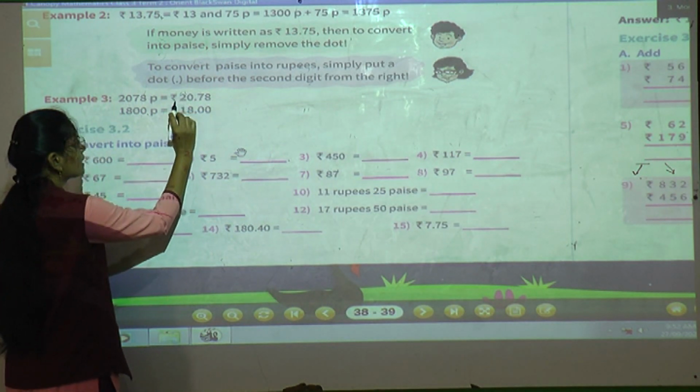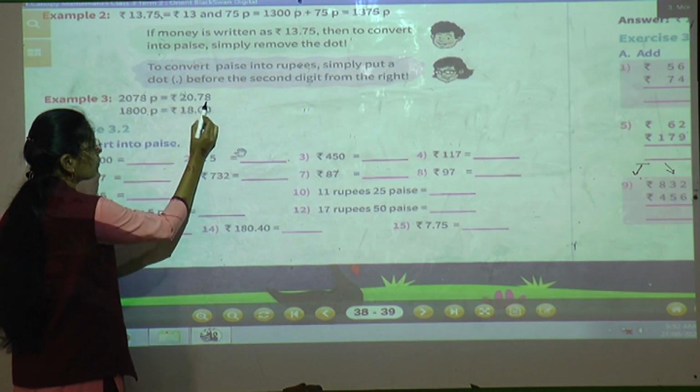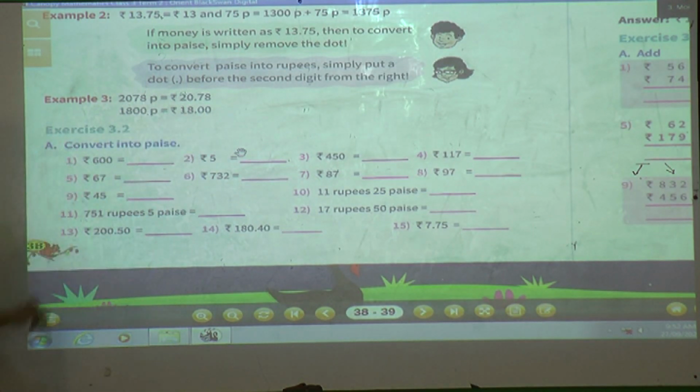So here you can see, 2078 paise is equal to rupees 20.78. Okay, now next example, 1800 paise. Now this paise you have to convert into rupees. So what are you going to do?